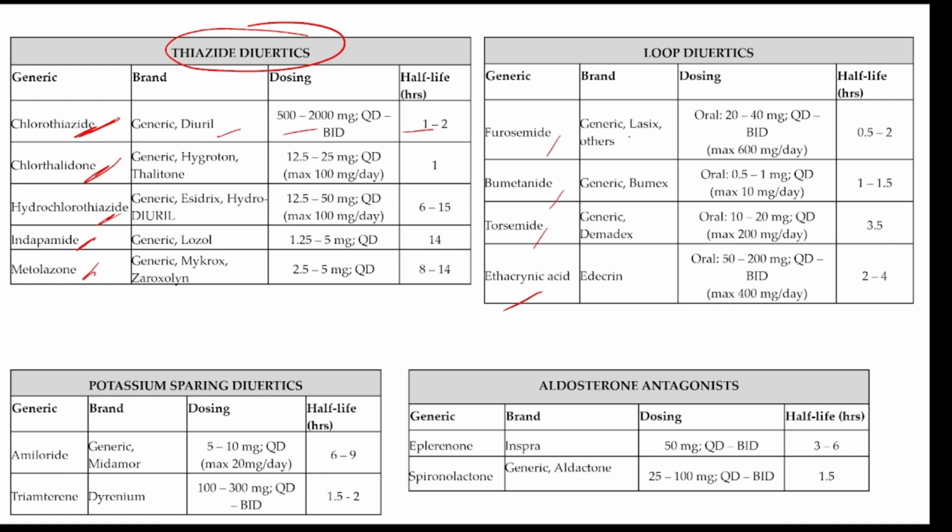Then we have Lasix, for example, Bumex, Demadex, and Edecrin. Potassium-sparing: amiloride, triamterene; for the aldosterone receptor antagonists, eplerenone and spironolactone, and then we have finerenone, a new medication maybe for heart failure.